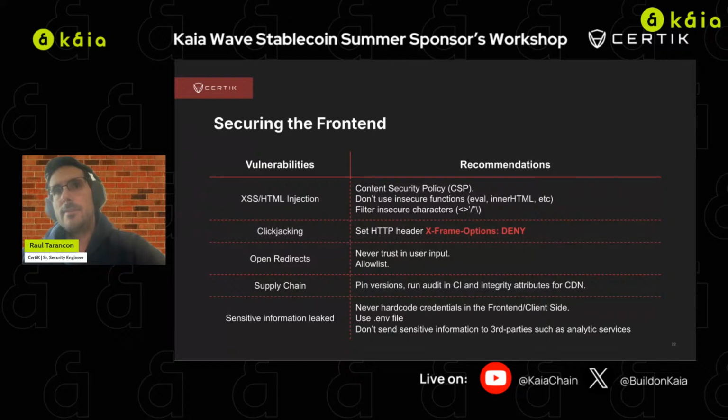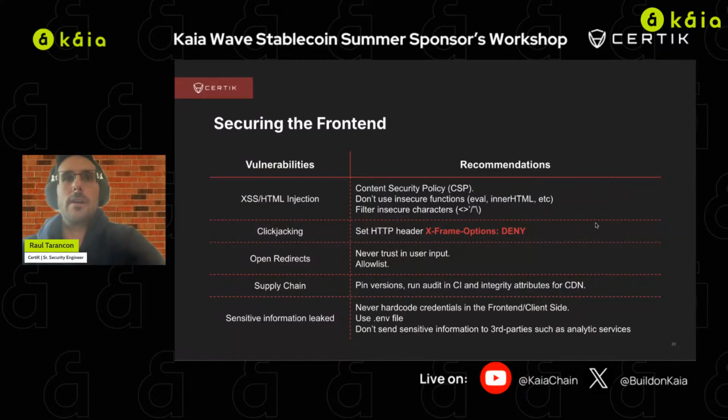This can be fixed by configuring the content security policy on the backend, and avoiding insecure functions such as eval, innerHTML, and so on. And the most important, filter insecure characters.